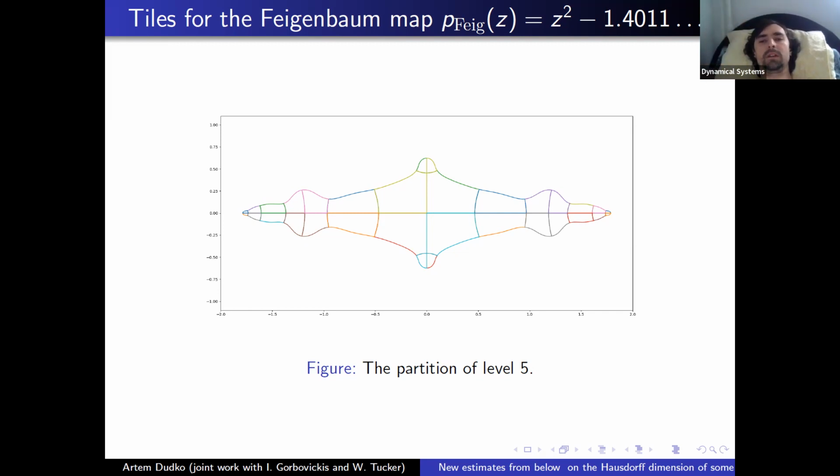For us, it's important that the outer boundary of our regions converge to the Julia set, so to say.